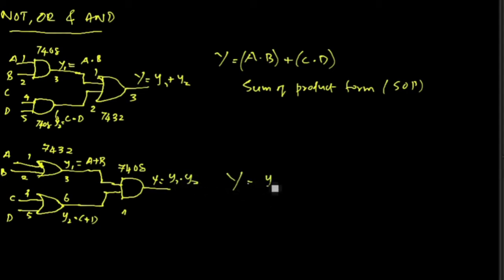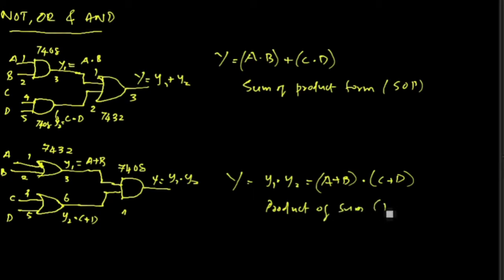So the output can be written as Y is equal to Y1 and Y2, which is equal to A or B, and C or D. This is of the form product of sum, the POS. So these are the two ways in which we can have the combination of different circuits.